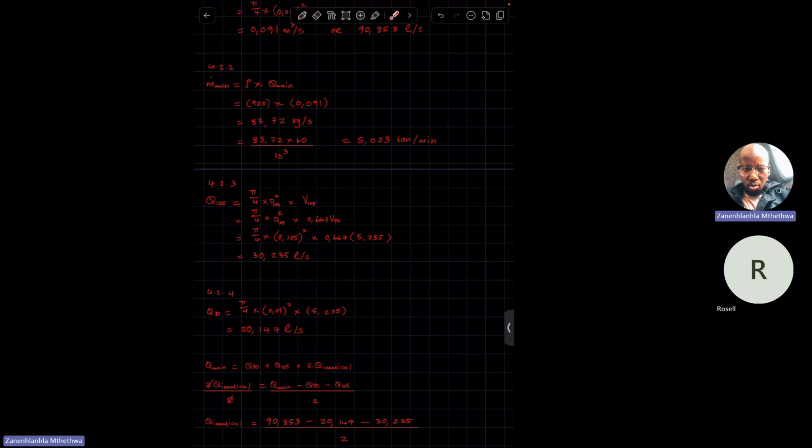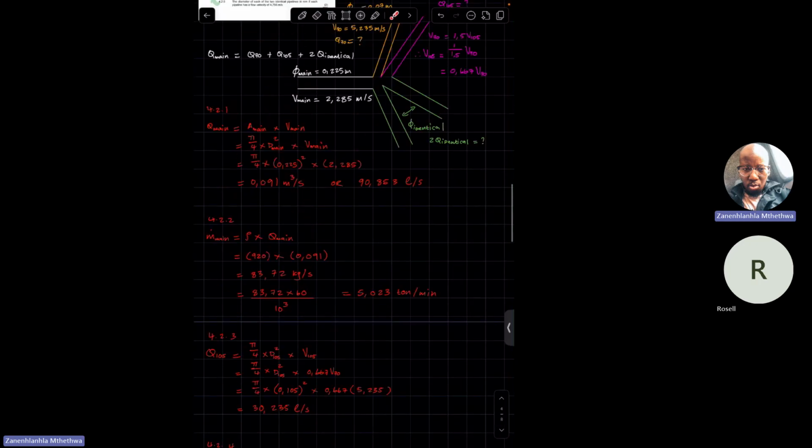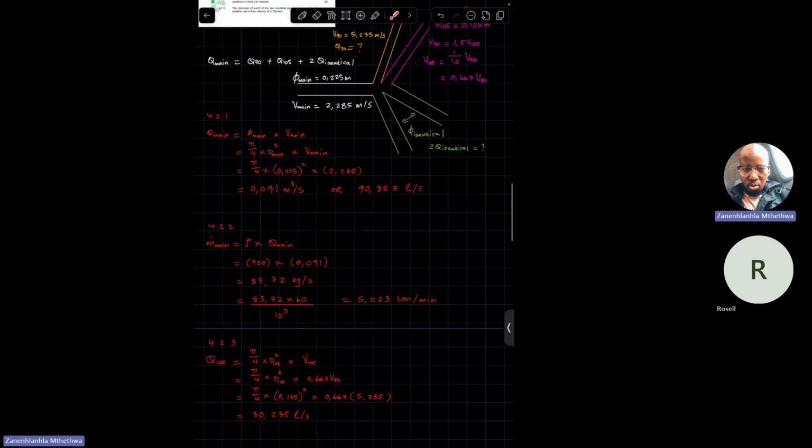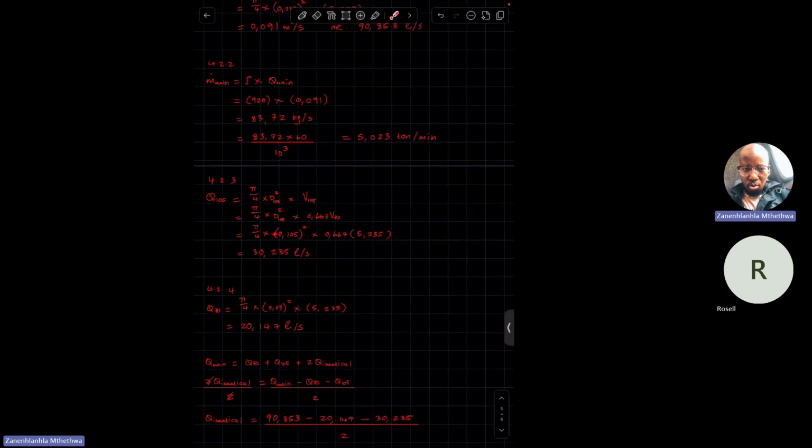Now, I didn't show the conversion here, but remember they said that we must leave our answers in liters per second. So whatever answer you get here, you simply multiply that by 1,000, essentially. And this is what you get, the 30.235 liters per second. Are you getting more or less the same thing? I'm quickly busy calculating it, sir.